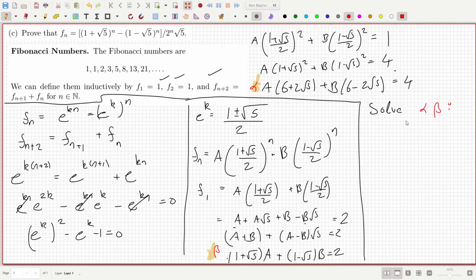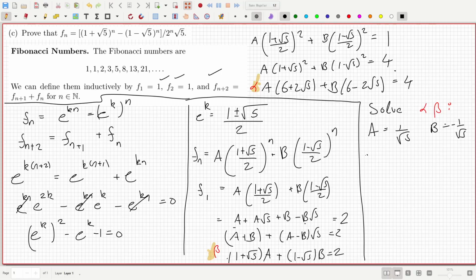I'm afraid I'll be a little bit lazy. 1 plus root 5, 1 minus root 5, 2. 6 plus 2 root 5, 6 minus 2 root 5, 4. So I get A is 1 over root 5 and B equals minus 1 over root 5.